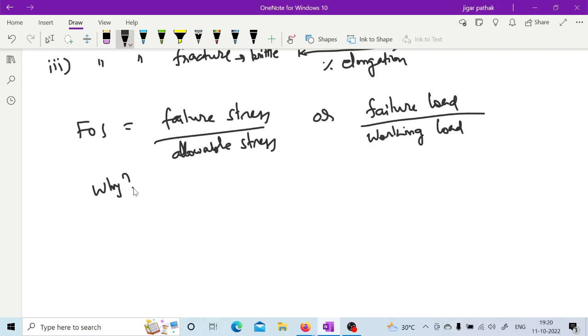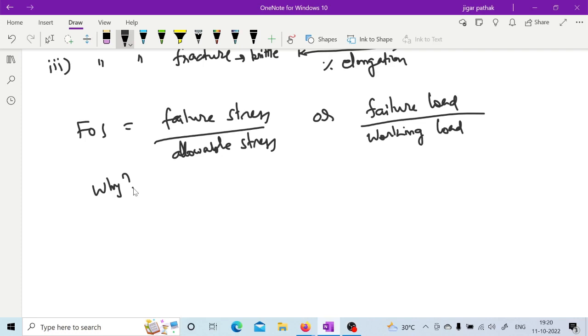And the magnitude of this factor of safety depends on factors like the effect of failure. If the effect of failure is going to result in major accidents, in applications like pressure vessels, in those cases the factor of safety must be high, right? Then it also depends on the type of load, whether it is a gradually applied load or an impact load.